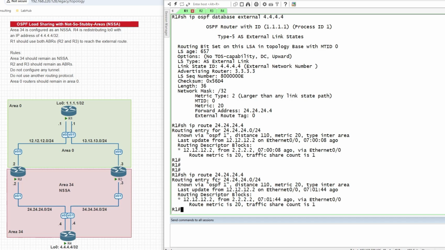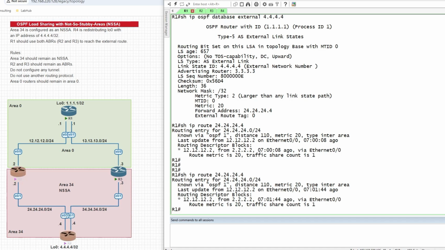In this scenario, the prefix 4.4.4.4 is directly connected to our ASBR R4. It was redistributed from R4, and our forwarding address, as we saw, was an interface, Ethernet 0/0, on R4.